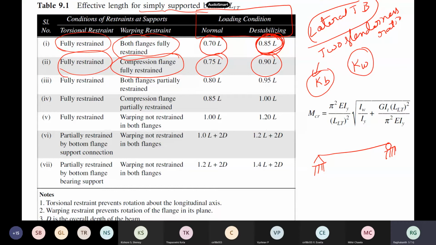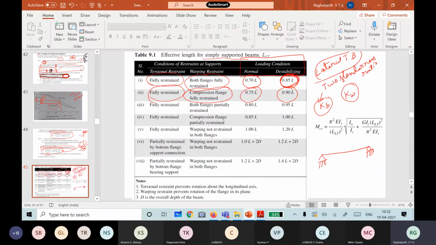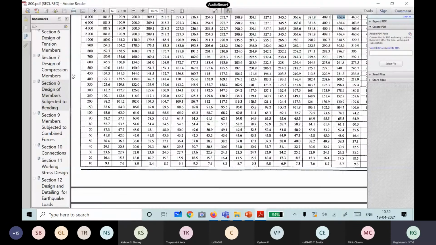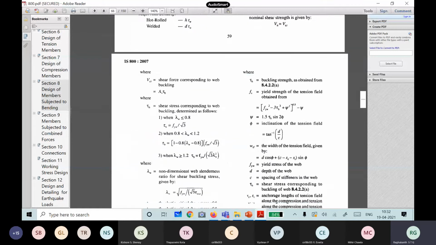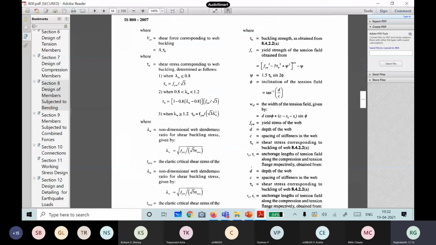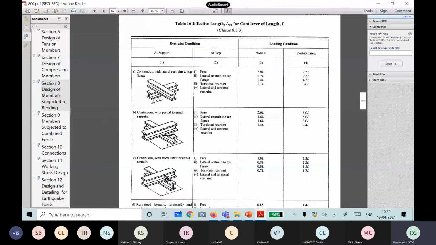So torsional restraint, warping restraint. Now this is for a simply supported beam. If you see our IS 800, they will give you all these restraints also, and this is the effective length. You can see here, this table I just cut and pasted into our slides. Then similarly, this is the old one, but if you see the new one, there is another table 16.